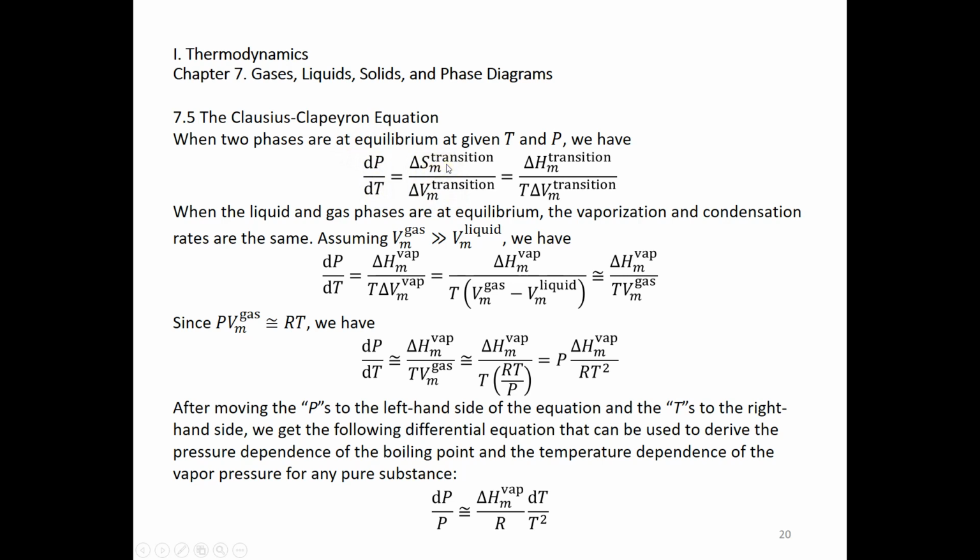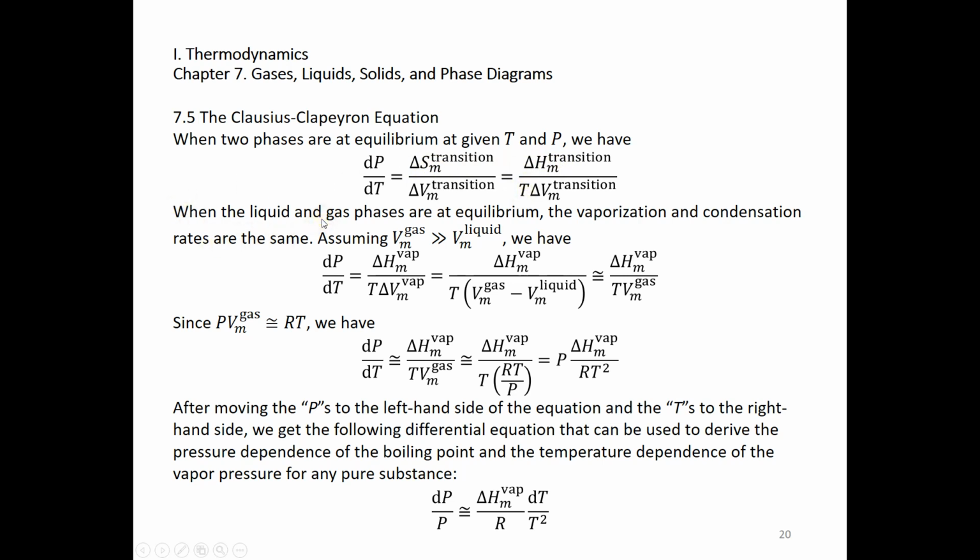And now, if we're talking about equilibrium, we have delta H equals T delta S, because delta G should be 0, and therefore the change in molar entropy is the change in molar enthalpy over temperature. This T is the transition temperature.